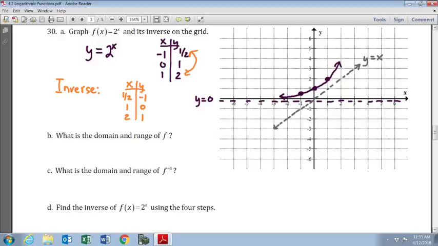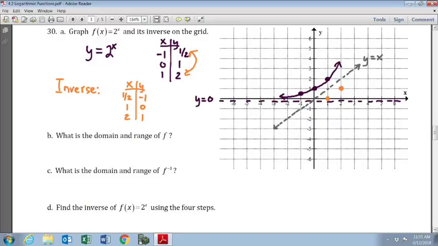And so we're going to go ahead and plot these points. Now notice I've graphed y equals x. We learned that when you graph a function and its inverse, there's going to be symmetry through this line y equals x. And so that's useful when you draw the graph. You're going to have 3 points, but the symmetry will help you to draw the graph because you should have symmetry through this line.